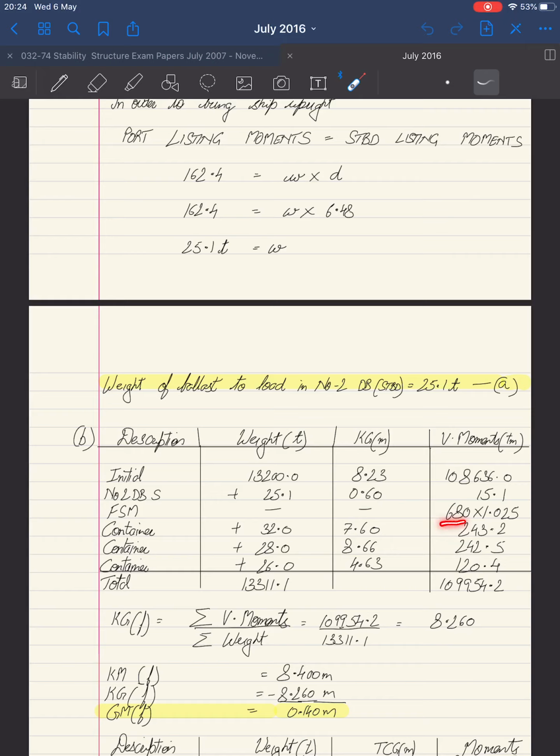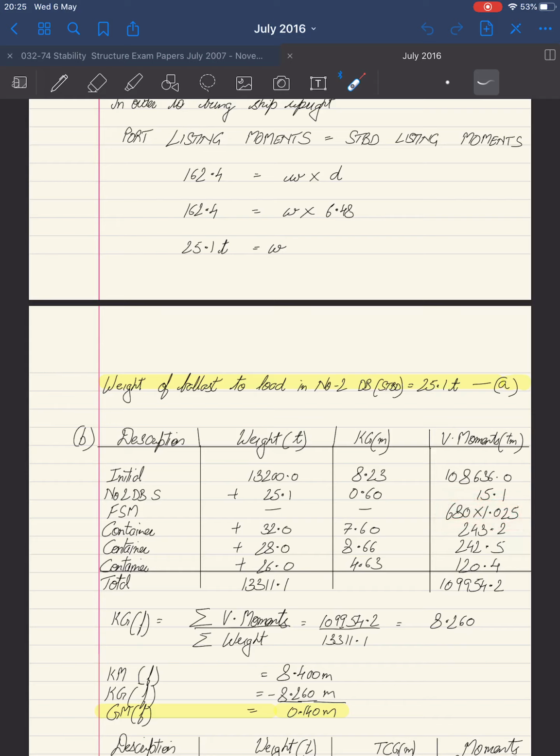The free surface moment given in the hydrostatic data for the number 2 DB starboard tank is 680, which is for fresh water. So we need to convert it to salt water by multiplying with the density of the liquid inside the tank. In this case, it was salt water, whose density is 1.025. So we'll write it as 680 multiplied by 1.025.